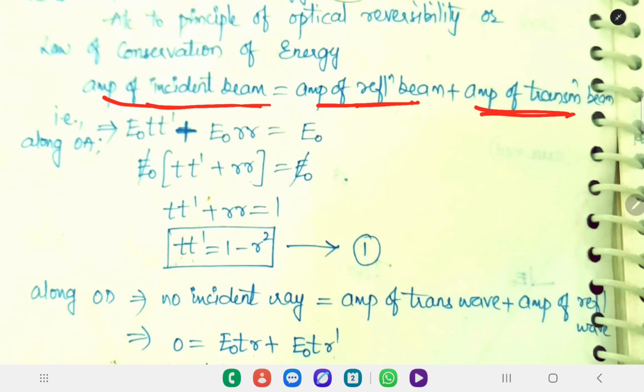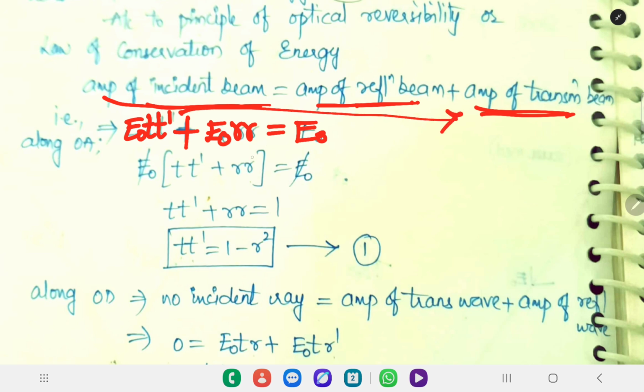So E0 T T dash is the transmission beam's amplitude, plus the reflection beam's amplitude, is equal to the incident beam's amplitude. E0 T T dash plus E0 R is equal to E0. This is the amplitude of the transmission beam, this is the amplitude of the reflection beam, and this is the amplitude of the incident beam.